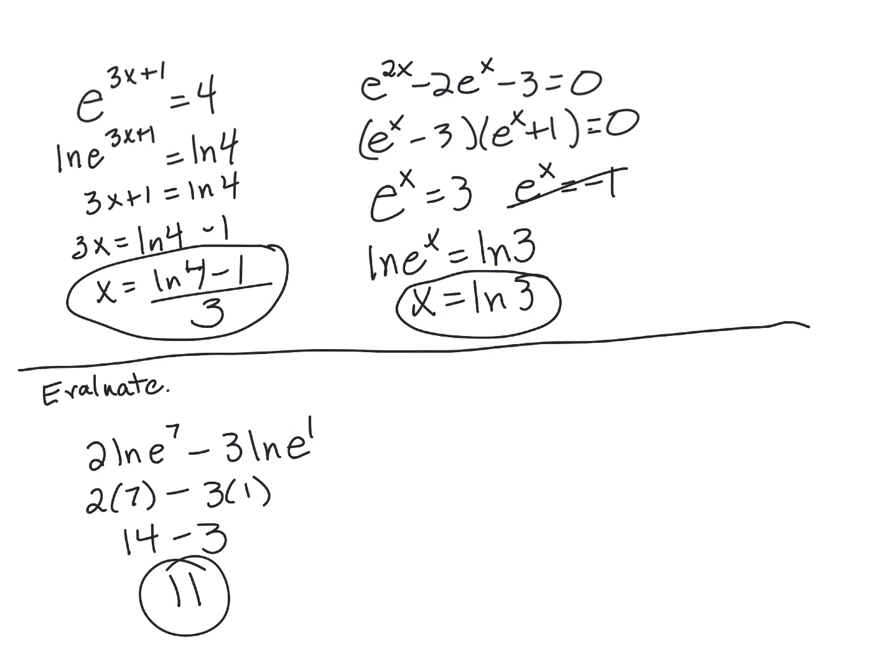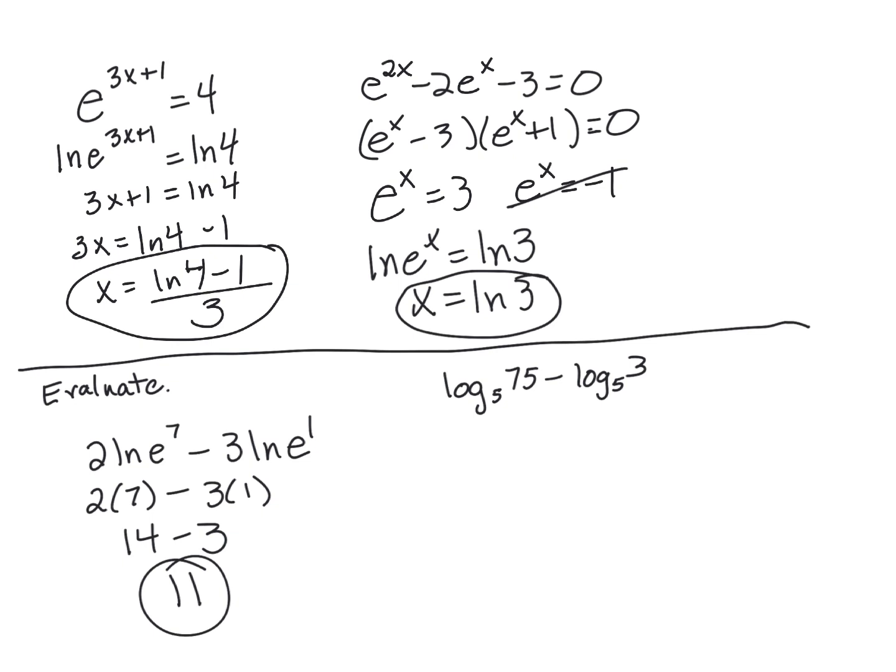Also, try log base 5 of 75 minus log base 5 of 3. Now, 75 is not 5 to a power, and 3 is not 5 to a power. So how in the world are you going to evaluate this and get an exact answer without a calculator? You will use the properties of logarithms.